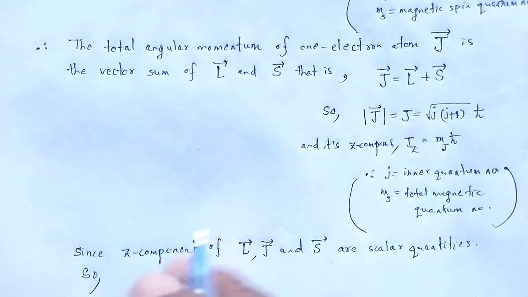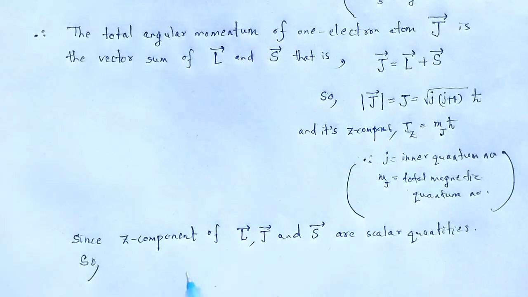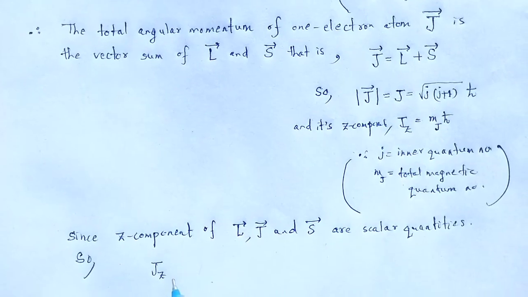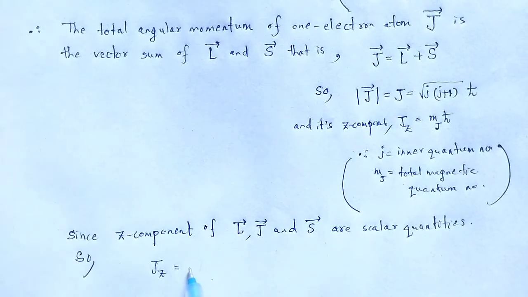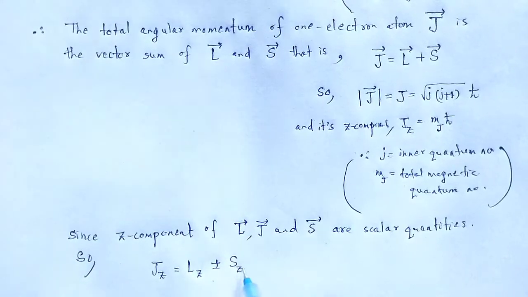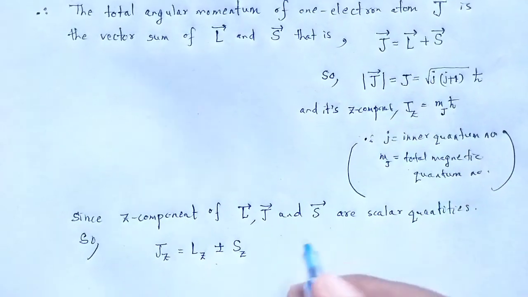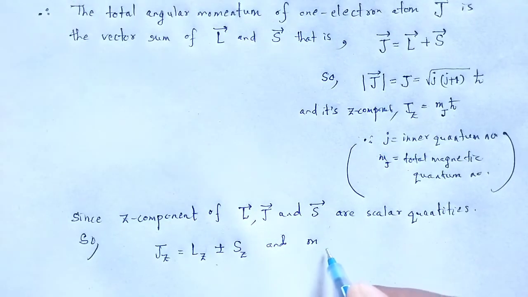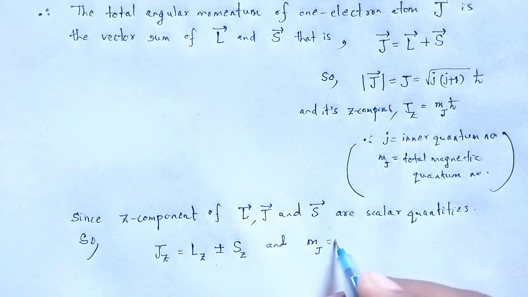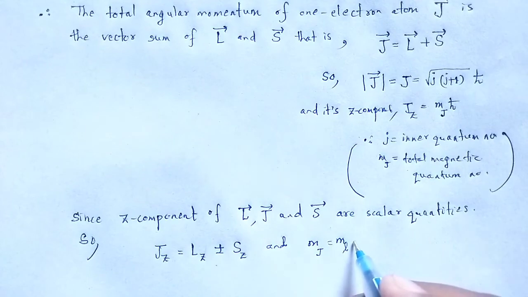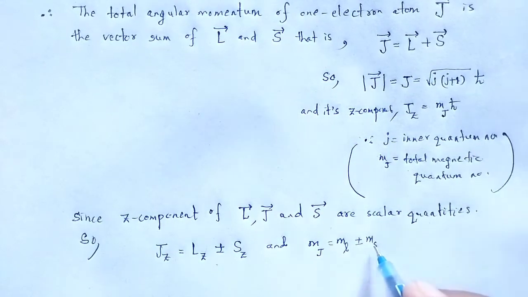the z component of total angular momentum is equal to the sum of Lz plus or minus Sz, and mj, the total magnetic quantum number, is again the sum of the orbital magnetic quantum number plus or minus the spin magnetic quantum number.